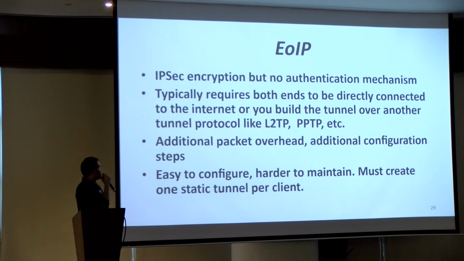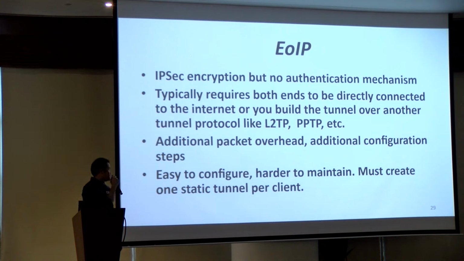Both are entirely connected over the internet. We have two public IPs. We connect with the internet or other tunnel protocol, and we can run over it. There is additional packet overhead, because it is a GRE packet.